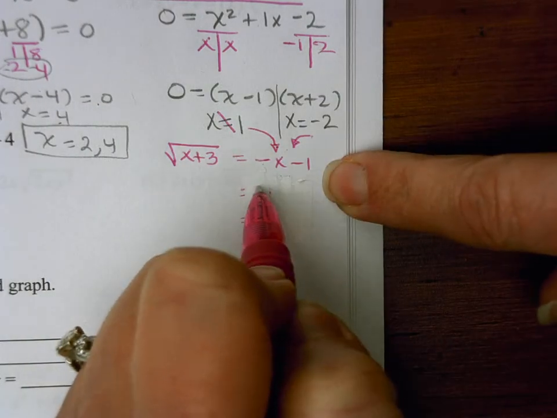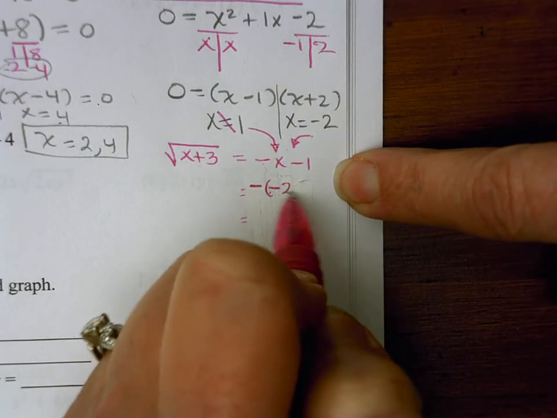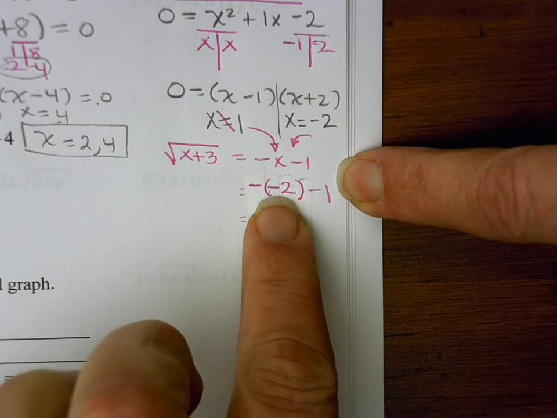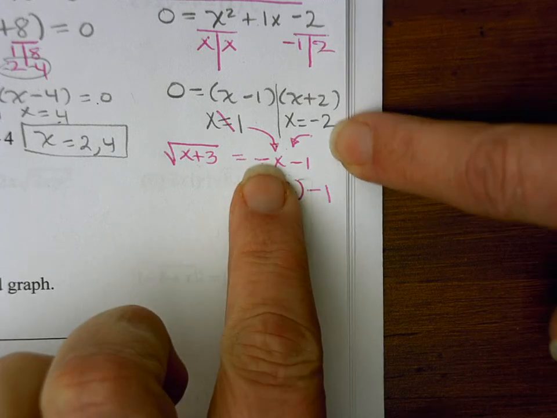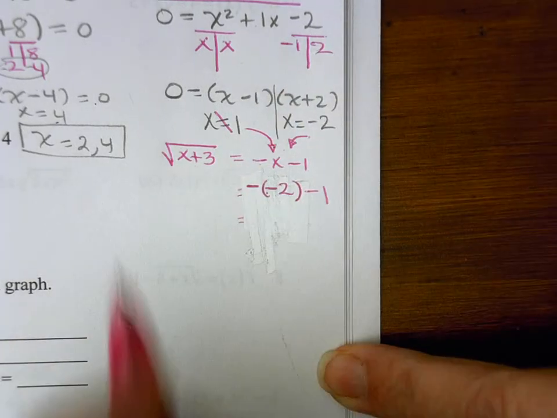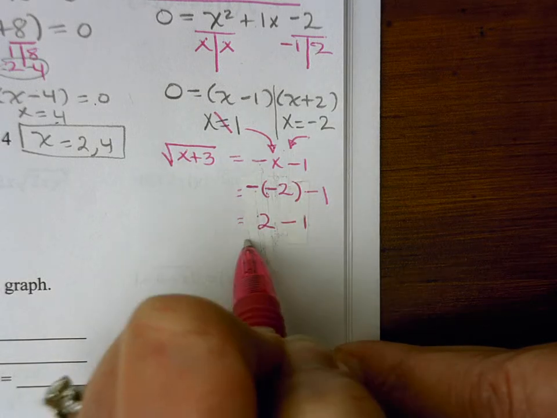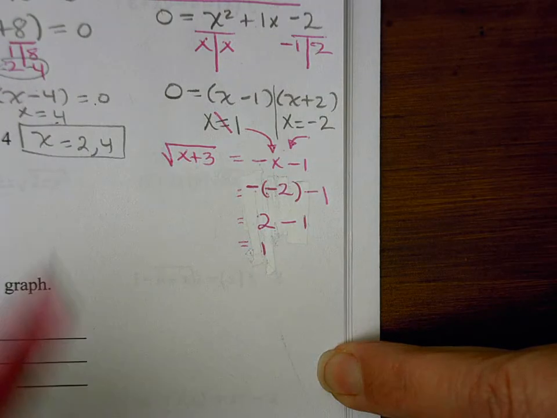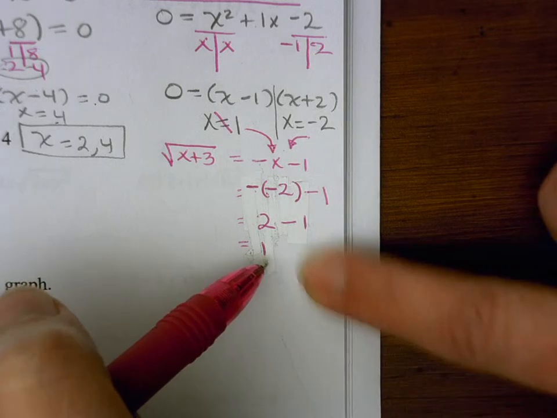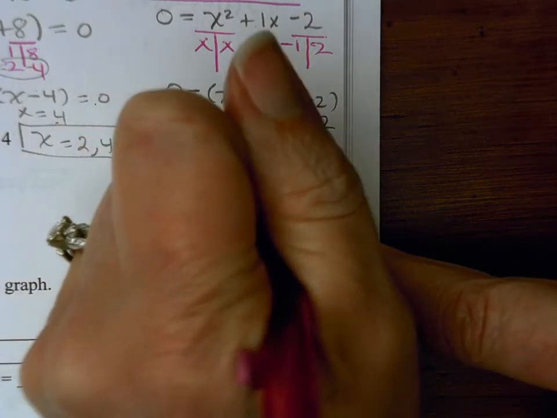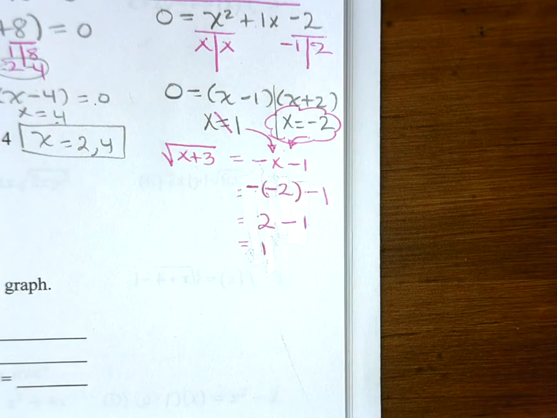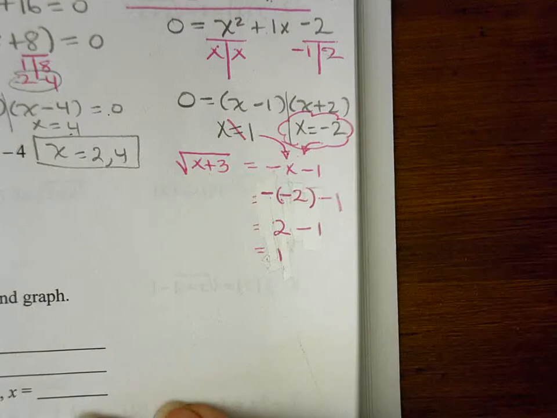So I already have a negative. So that turns into a double negative, right? Because there was a negative already, and I'm putting in a negative 2. So a negative times a negative is a positive 2, and then 2 minus 1 is 1. And so can a square root equal positive 1? Yes. So then this one is my solution. Okay. All right, and then let's do one more here.